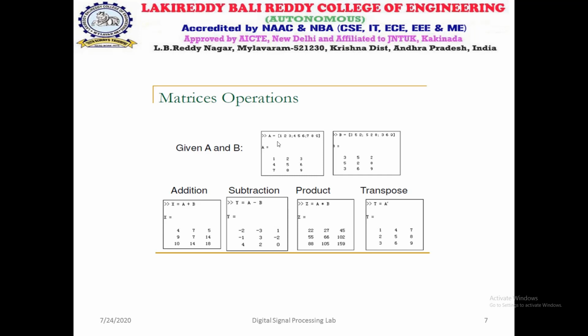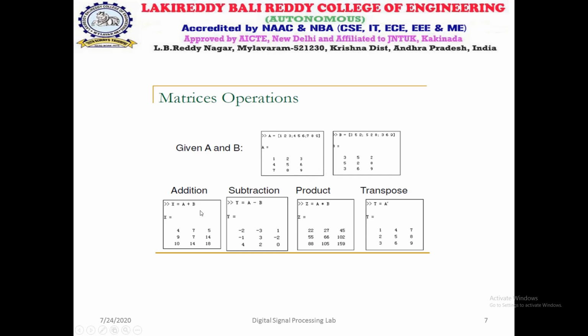A equal to square brackets 1, 2, 3 semicolon 4, 5, 6 semicolon 7, 8, 9. So if you give that and if you put an enter, you are going to get a matrix like this. Similarly, we are going to get B matrix also.